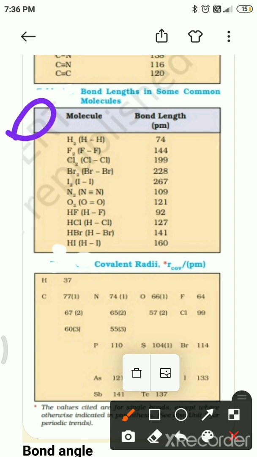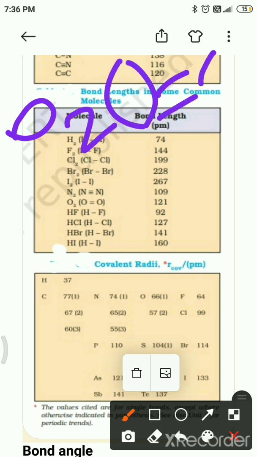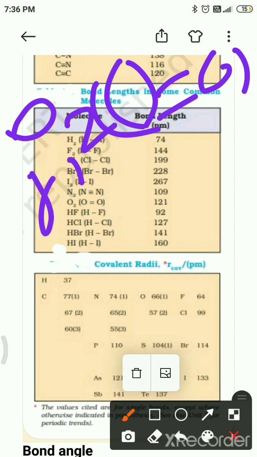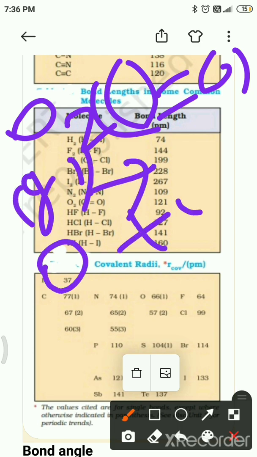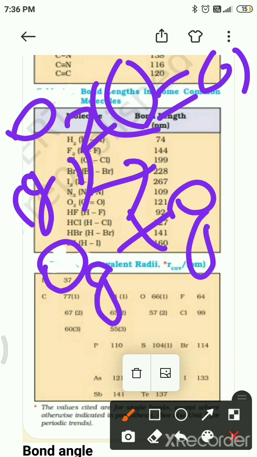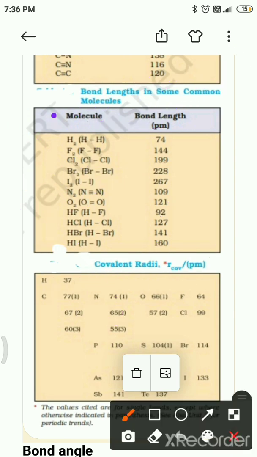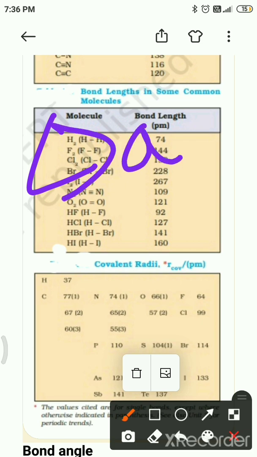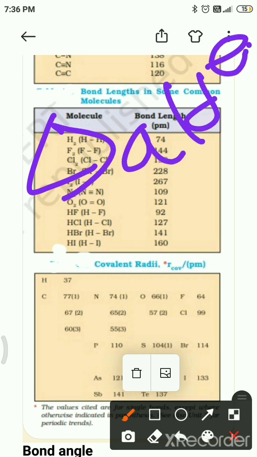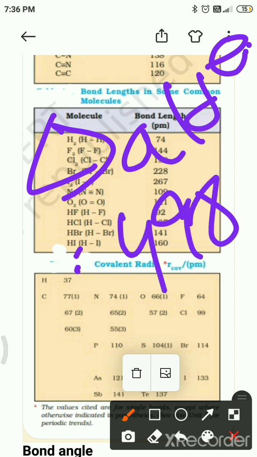O2 in the gaseous state gives two gaseous O atoms, and here the enthalpy is ΔH° equal to 498 kilojoule per mole.